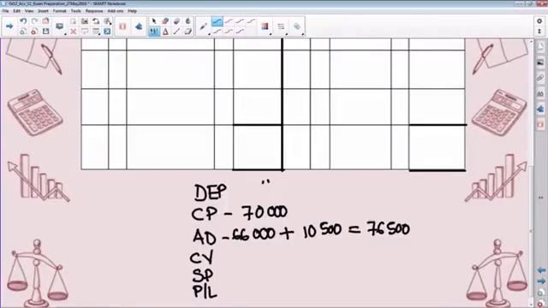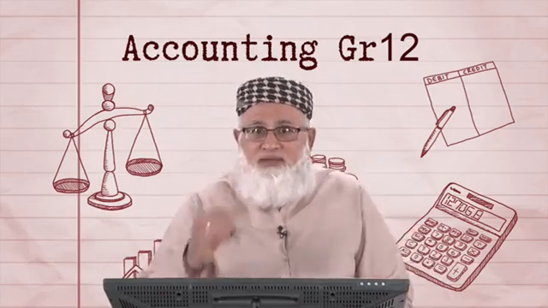Watch, the cost price of my asset is 70,000 and an accumulated depreciation of 76,500 tells you that the asset has a negative value. And that is not true, because by definition, an asset is something that has a possession which has value.